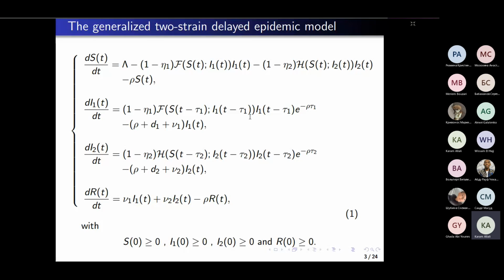What differs between the classes of this model? For example, some strain can be more resistant than another strain. One strain can have a shorter incubation period than another.